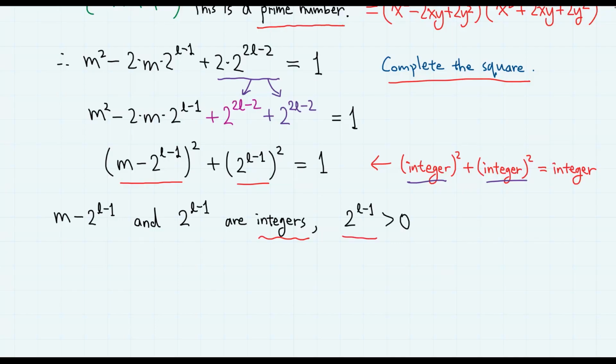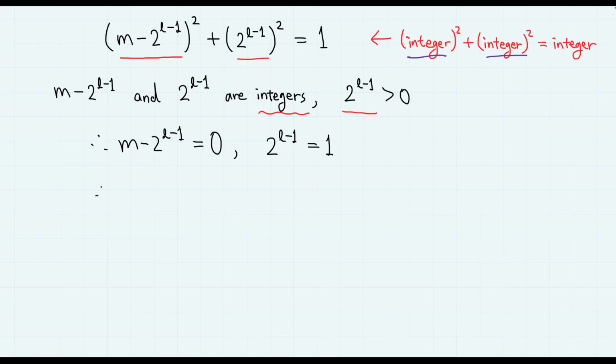Therefore, the only way that this equation can be satisfied is when m minus 2 to the power of l minus 1 is 0 and 2 to the power of l minus 1 is 1. The second equation gives l equals 1, and the first equation gives m equals 2 to the power of l minus 1, hence 1. And from n equals 2l minus 1, we also have n equals 1.